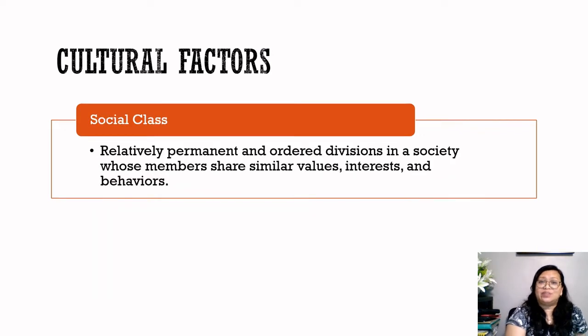The next one is social class. Social classes are society's relatively permanent and ordered divisions whose members share similar values, interests, and behaviors. Take note that social class is not determined by a single factor such as income, but rather is measured as a combination of occupation, income, education, wealth, and other variables.